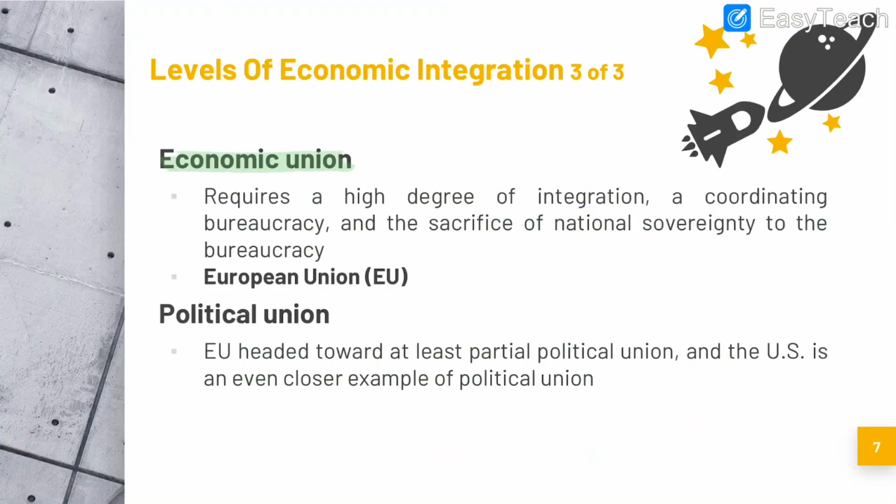Okay, next we have the economic union. They require a high degree of integration, coordinating bureaucracy, and the sacrifice of national sovereignty to the bureaucracy. An example is the European Union. So the economic union is actually an agreement between two or more nations. They allow goods and services, money and workers to move over borders freely.